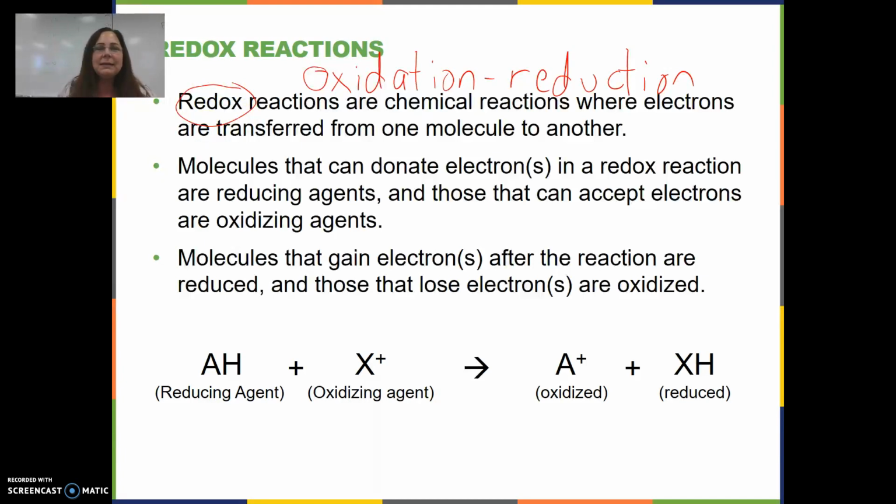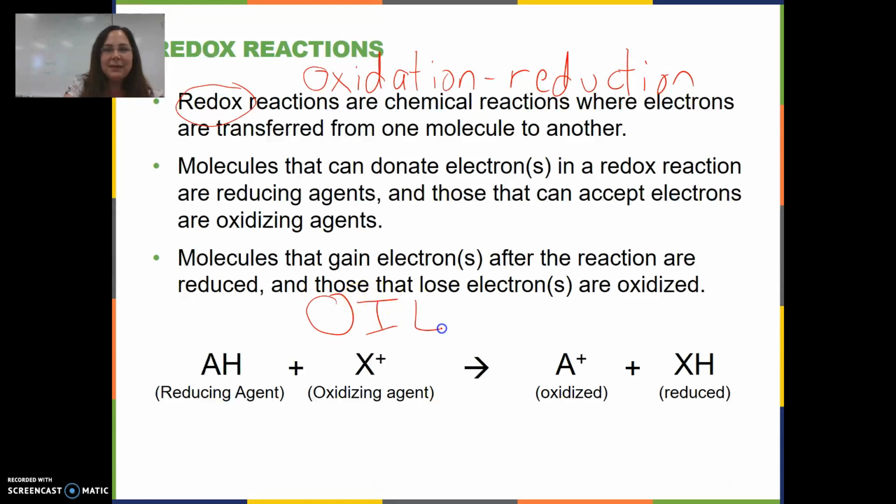So in an oxidation reduction reaction, one molecule is oxidized and one is reduced. Now, reduction means the gain of electrons. Oxidation means the loss of electrons. There is a mnemonic device that can help you, and it is OIL RIG.